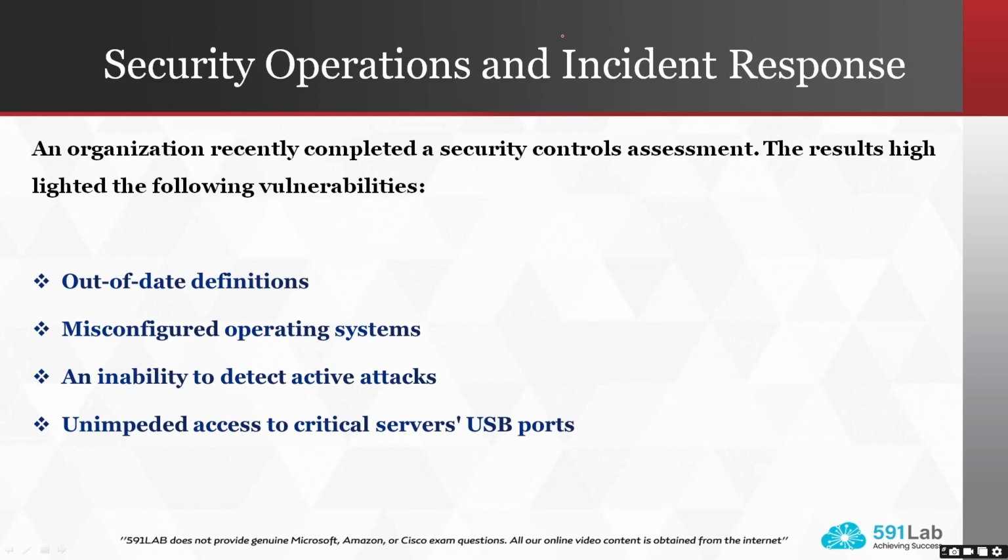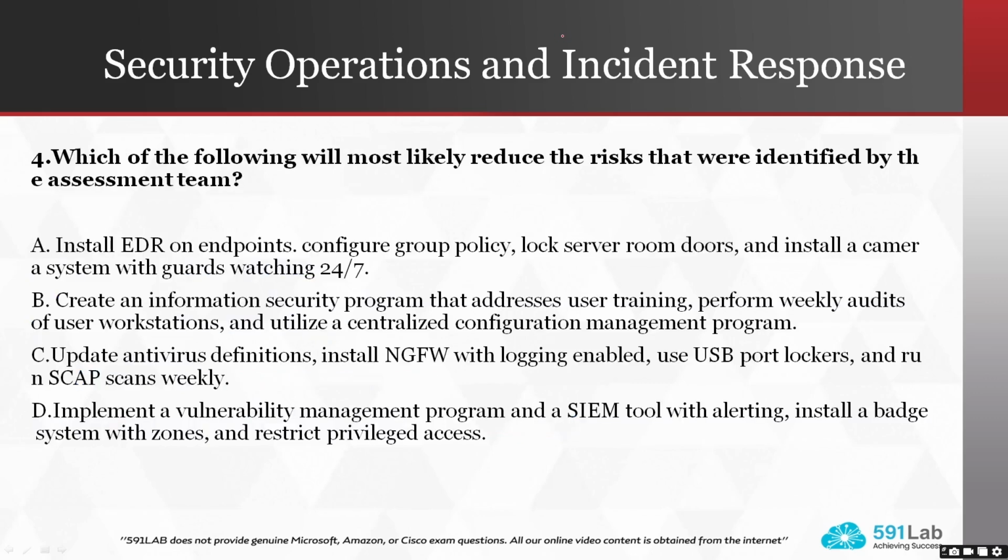Second, misconfigured operating system. Third, inability to detect active attacks. Fourth, unimpeded access to critical server USB ports. So which one of the following will most likely reduce the risks that were identified by the assessment team?